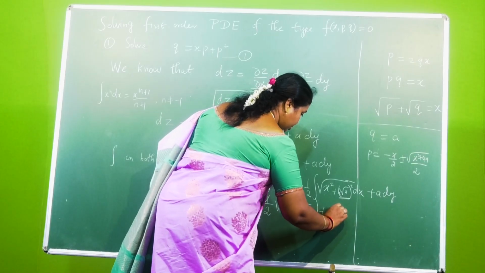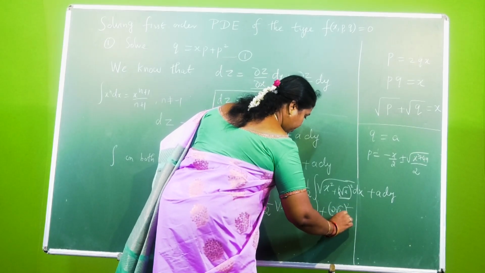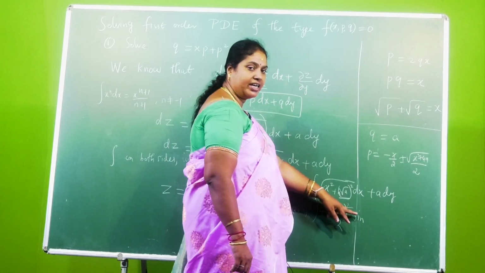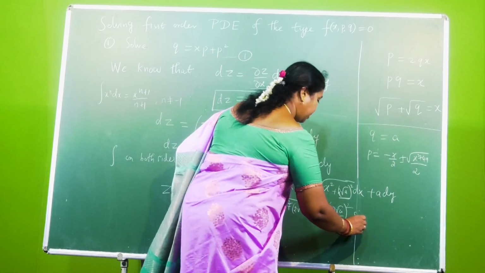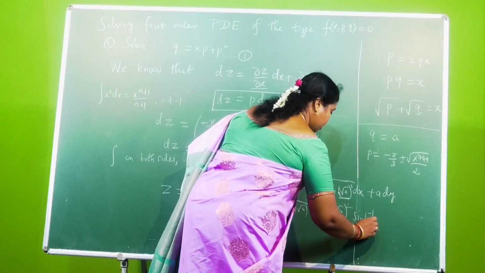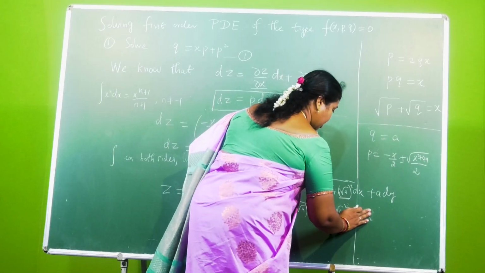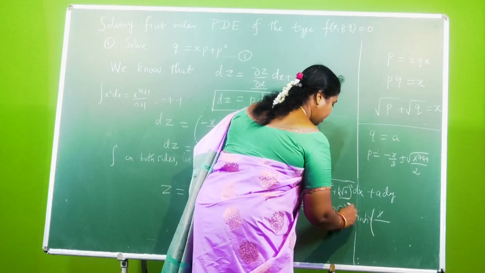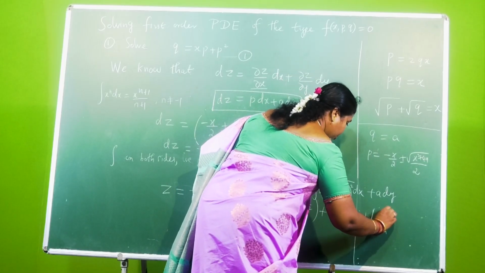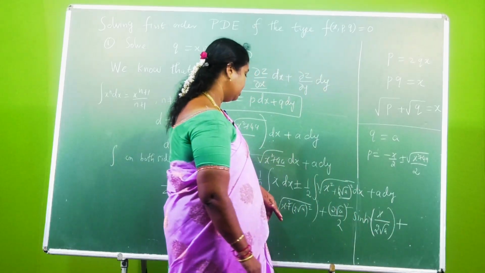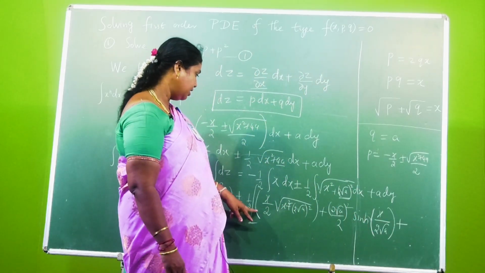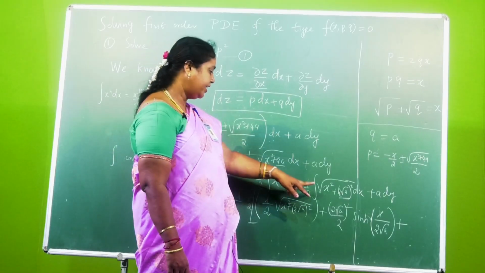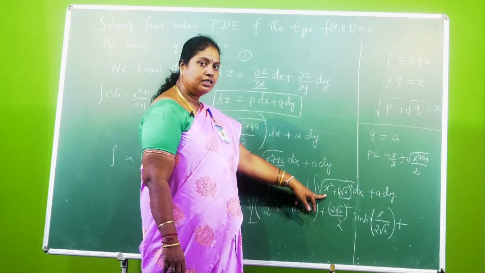Here what is a square? 2 root a the whole square by 2 into, sometimes we write log or sometimes sin h inverse, sin h inverse of x divided by a. So what is a here? 2 root a. Okay, so once again I am repeating this. While integrating x dx, we will get x square by 2. While integrating this expression, there are formulas.